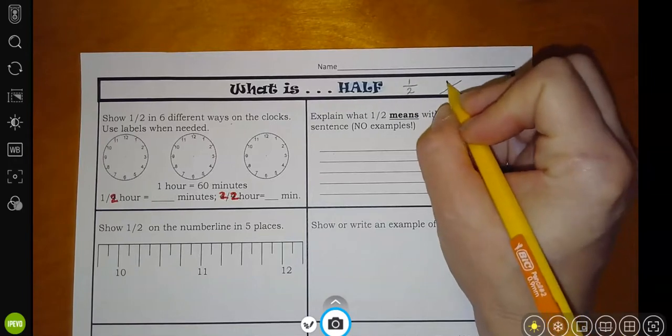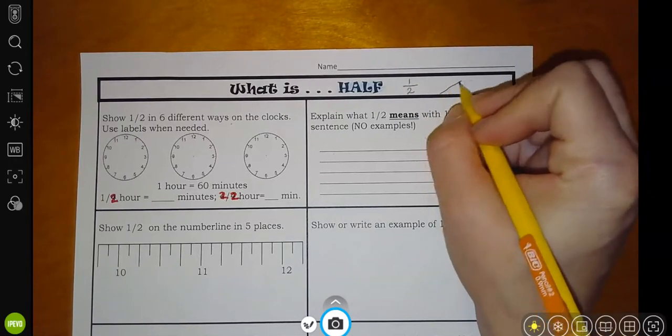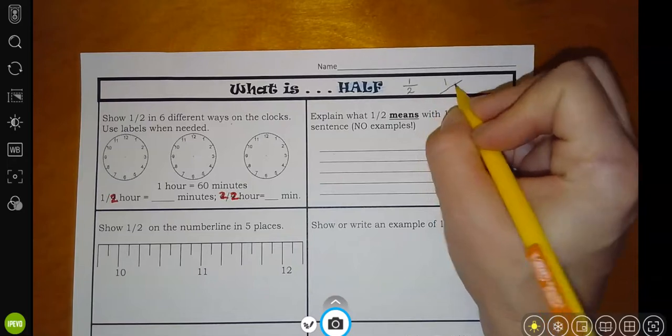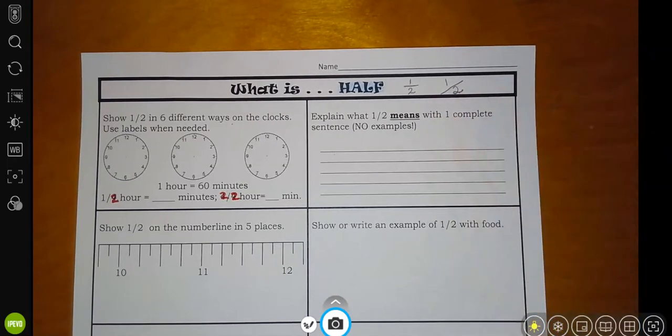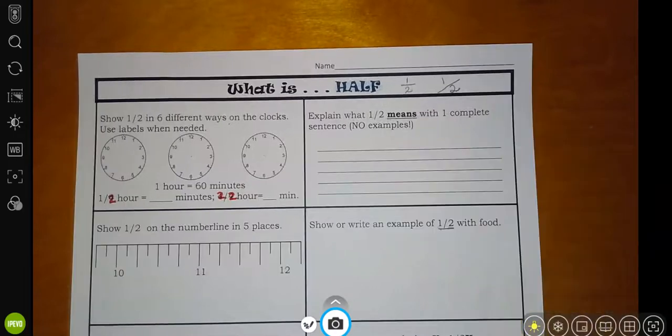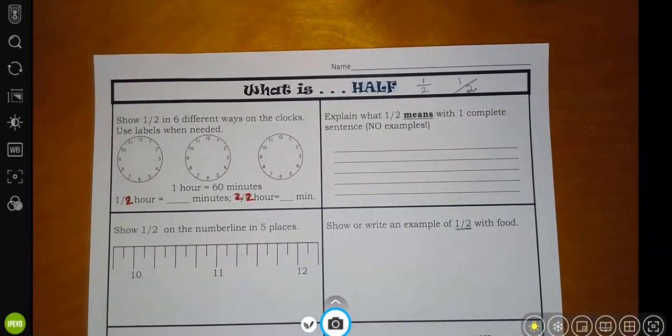Sometimes the line is sideways, kind of like a backslash, and the 1 is still on top and the 2 is still on the bottom. Sometimes when the computer writes it with that sideways backslash, it looks like the 1 and the 2 are side by side. This still is the fraction 1/2.